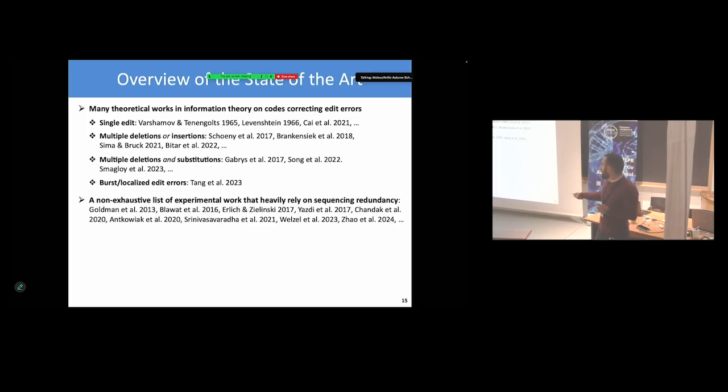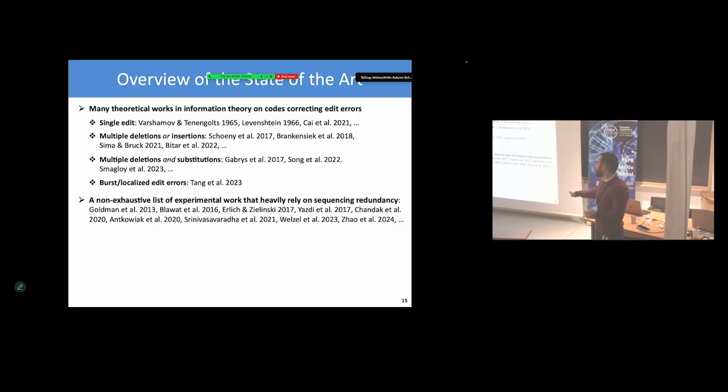That's why there is a long list of experimental work which actually used channel coding as part of their experiment. Some experiments don't use channel coding, but some did, and they never used any of these codes from information theory. It's because they are not applicable in DNA storage due to the discrepancy in terms of length.